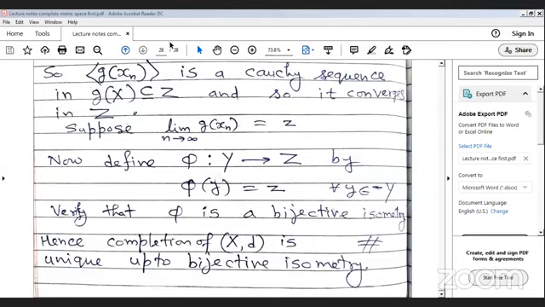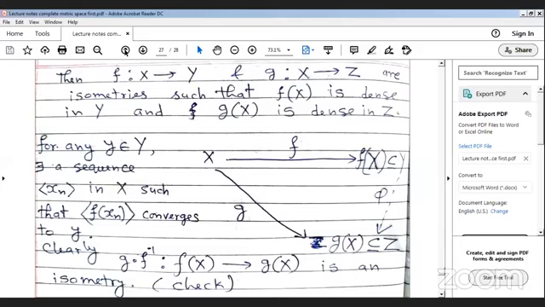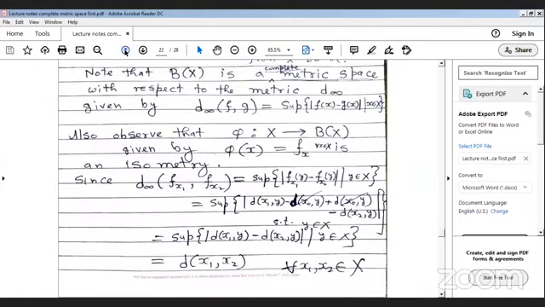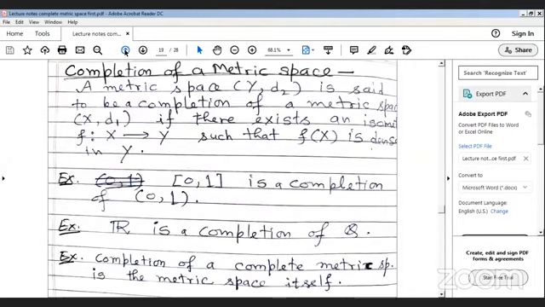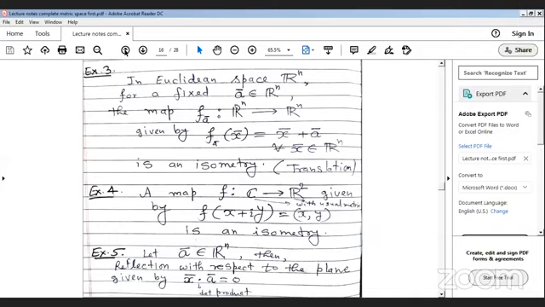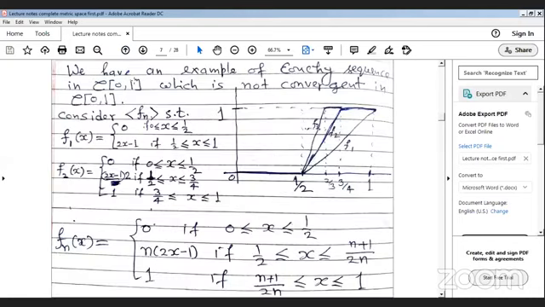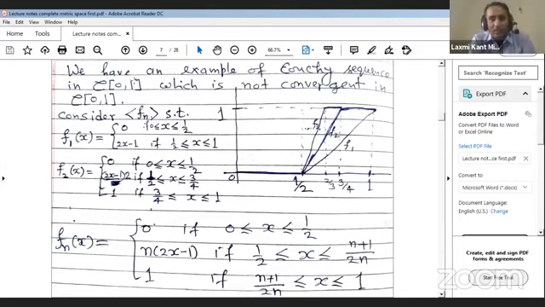Sir, in the example of C[0,1], where you take the integral from 0 to 1 and consider a sequence of functions, my doubt is how can we think of such types of sequences in general, other than this? Actually, we just have to construct such an example.